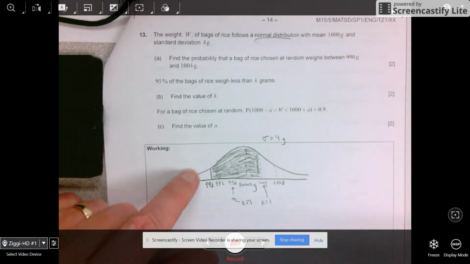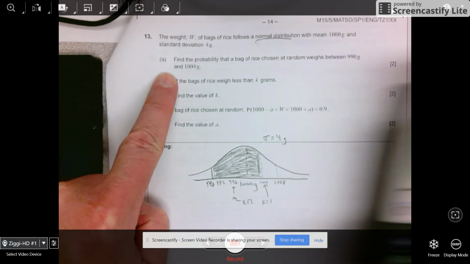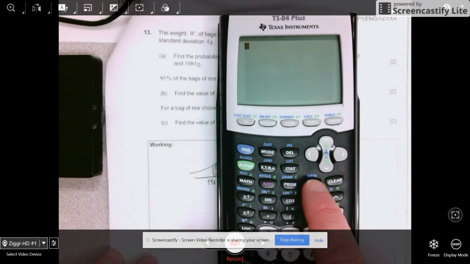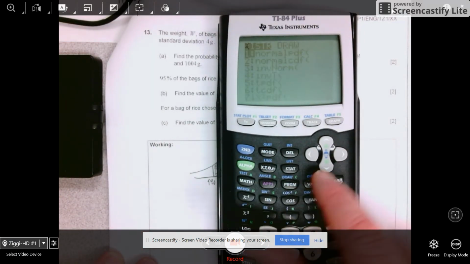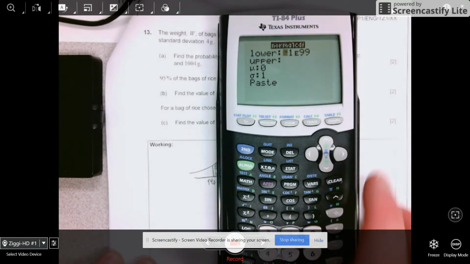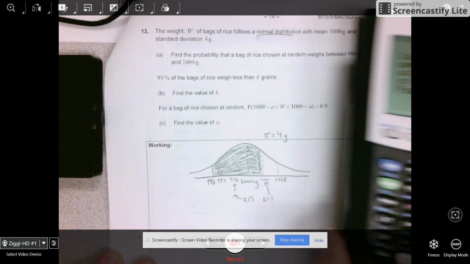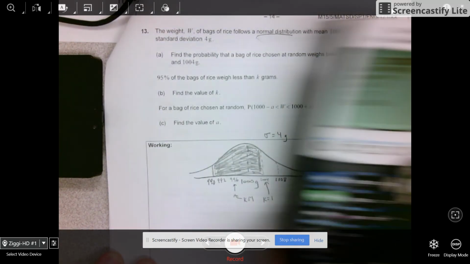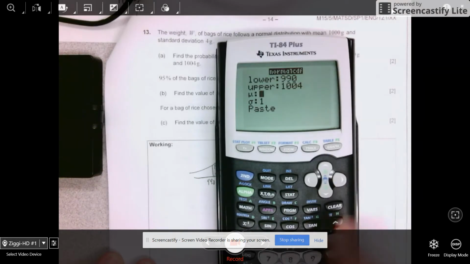So there are two different distributions that we can look at: inverse norm, where we know the probability, and normal CDF, where we know the range. I know the range is from 990 to 1,004, and I know the mean is 1,000 and the standard deviation is 4.